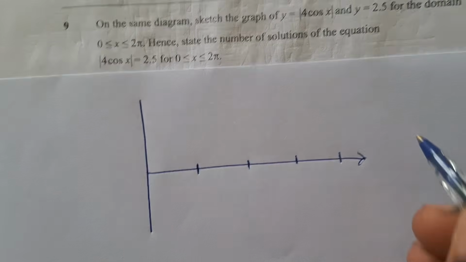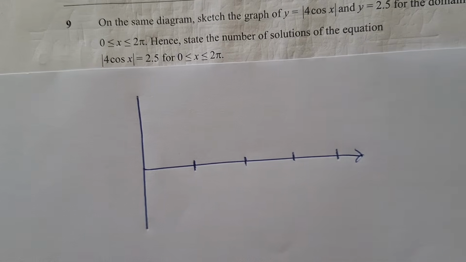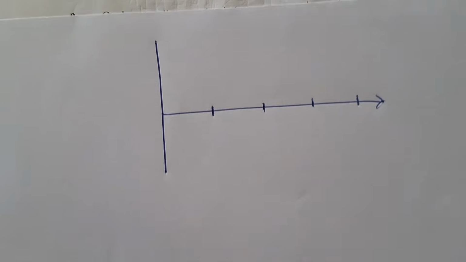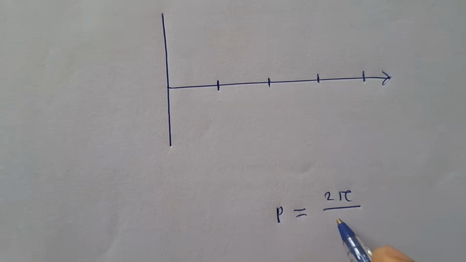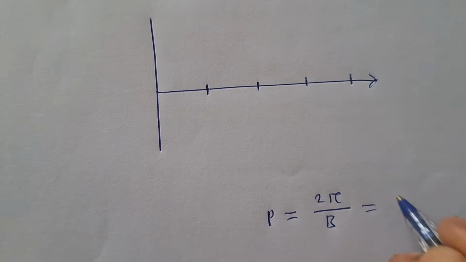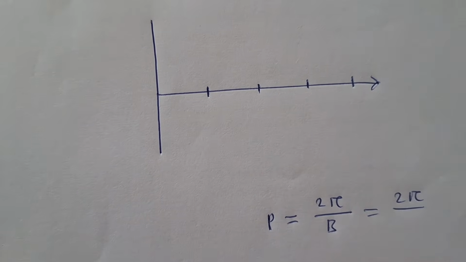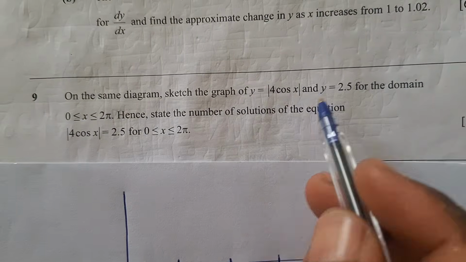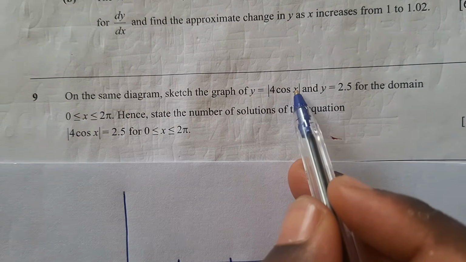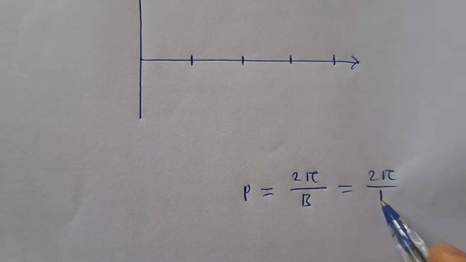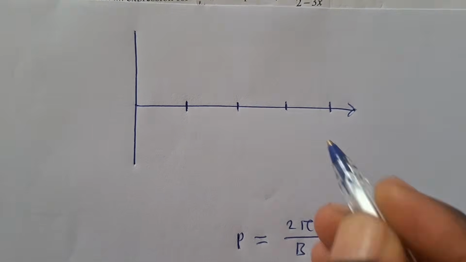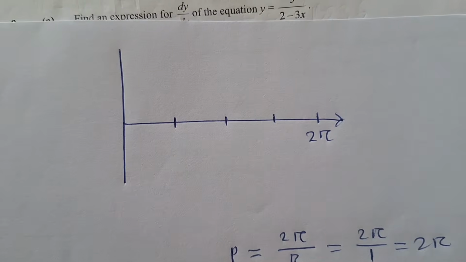So the period here to be identified, you're going to say period, let me write it here, period will be equal to 2π over b. So 2π, our b will be whichever number is with x here. You see this x? There is a 1 here, so it will be 2π by 1, which is just 2π. Meaning the number which will be here is 2π.